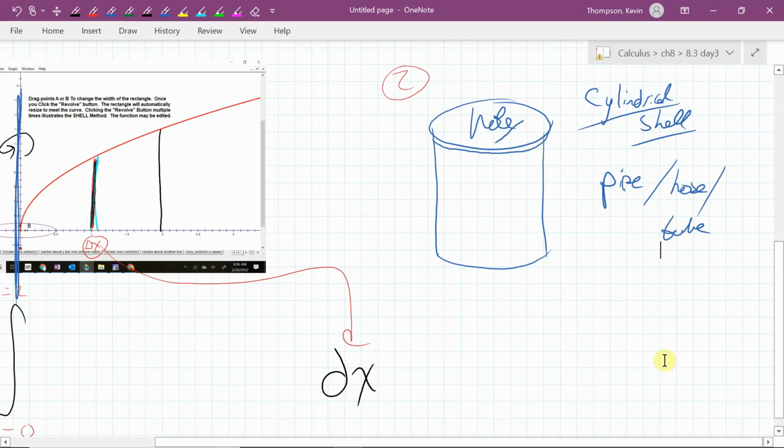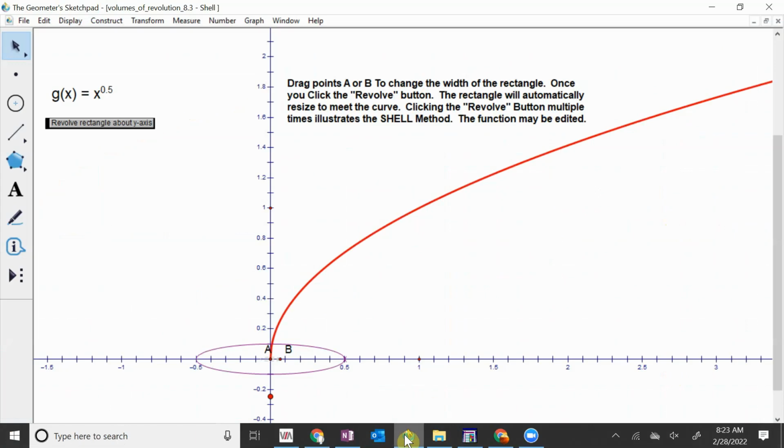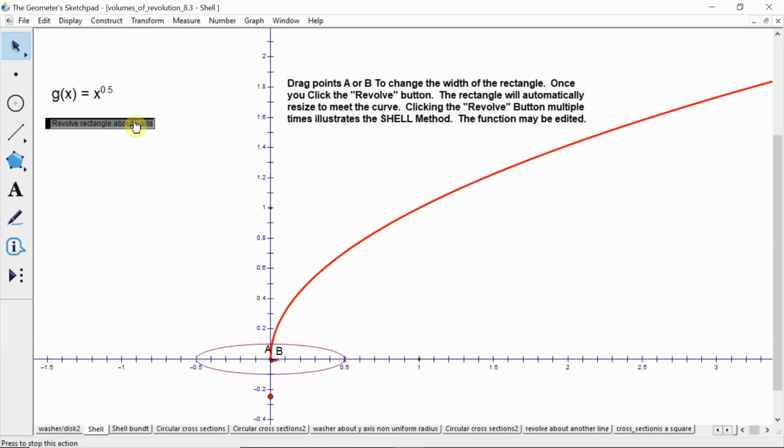Now, I do have a little bit of an animation to help us see it back here. I've already started, I just paused it there, but I started to revolve it. So this is what you're kind of doing.